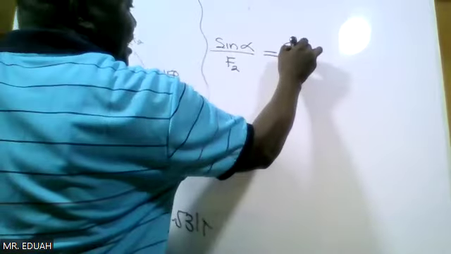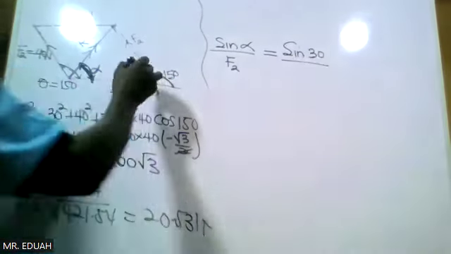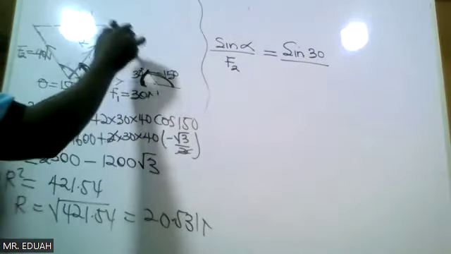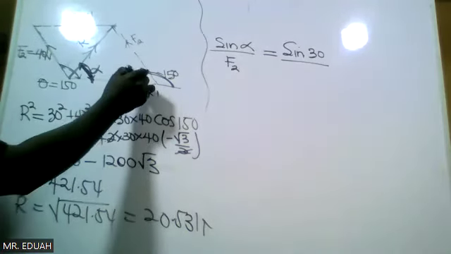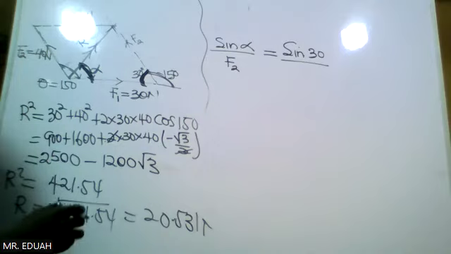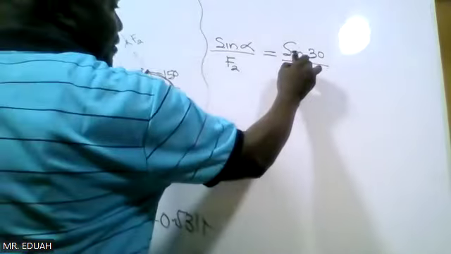So sine 30 divided by the side opposite to this angle 30, and that is the resultant R.